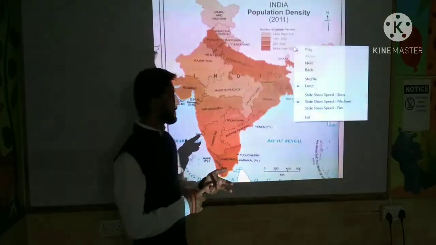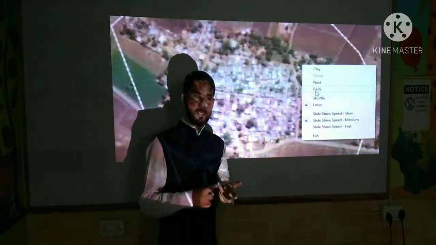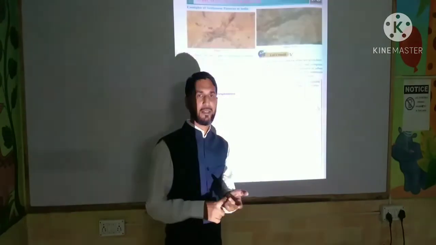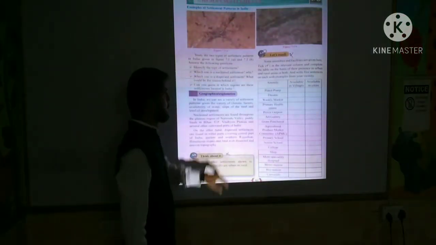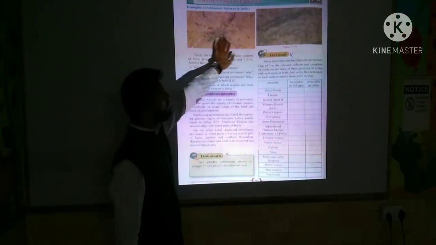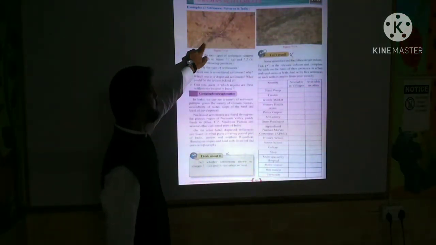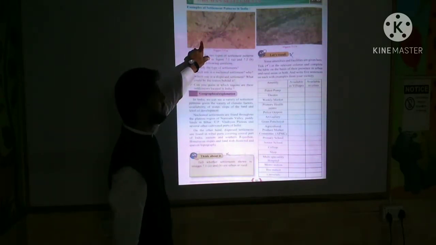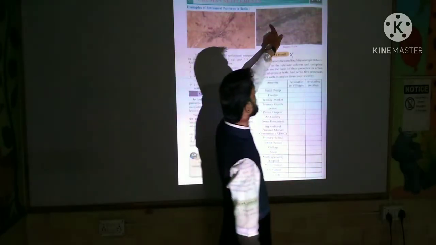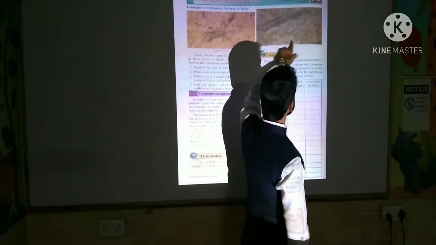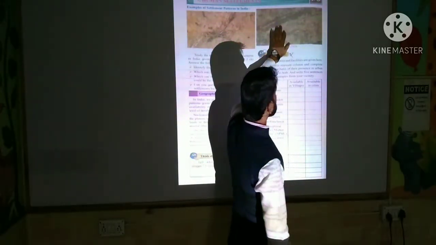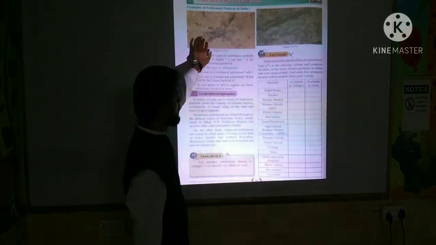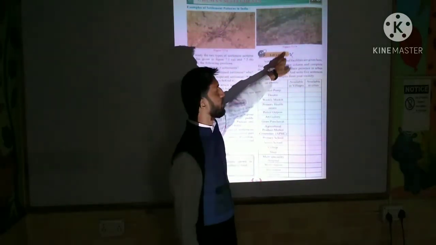One is nucleated, second is linear settlement, and third is dispersed settlement. With the help of these two images, this figure shows linear settlement. Here also at the center there is one road, but houses are at different places. This is the dispersed settlement shown in figure 7.1b.